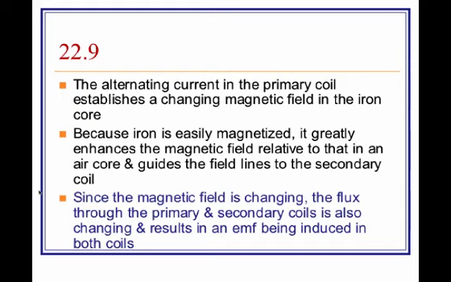There's an alternating current through one, and that creates a changing magnetic field that alternates back and forth within the iron core. Because of that, it induces an EMF in the second set of loops, which creates a voltage. And from that, you can either step up the voltage or step down the voltage.